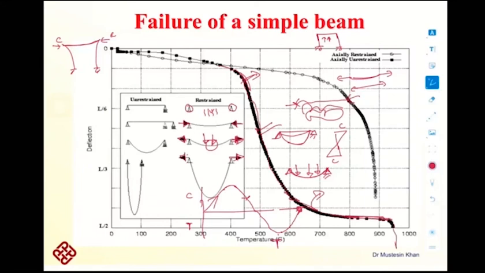And again, the deflection starts to increase at a very fast pace when this tension also starts to reduce. It means the beam is no longer able to take that load even under tension. Then we consider that the beam has failed. And this is how there are three stages in the behavior of a restrained beam, compared to the only this kind of behavior in an unrestrained beam where there is no tensile action in the beam.